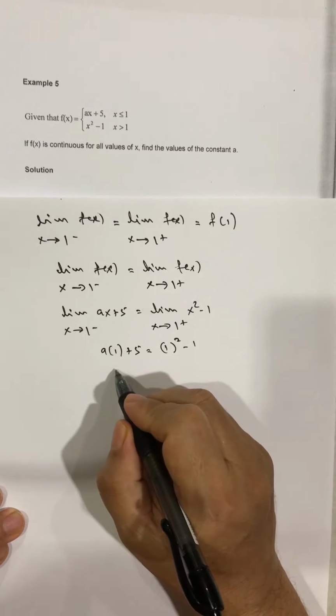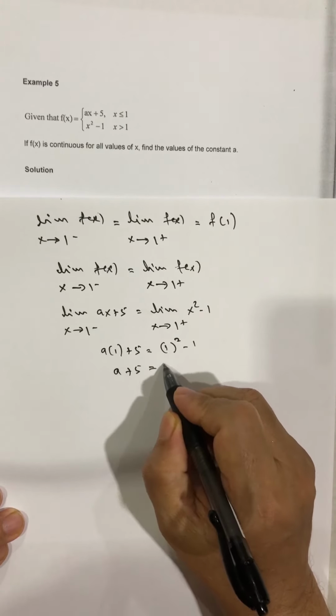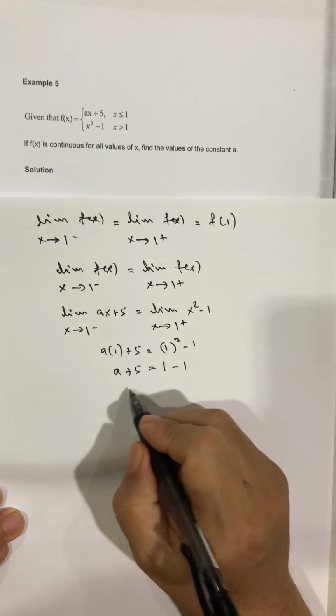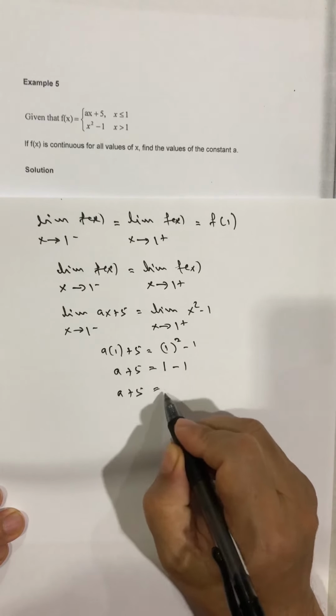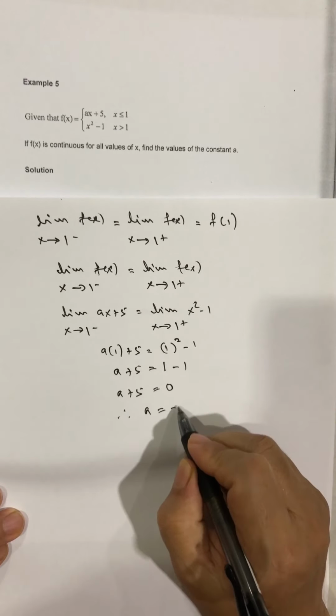So a plus 5 is equal to 1 minus 1, so a plus 5 is equal to 0. That means a is equal to negative 5.